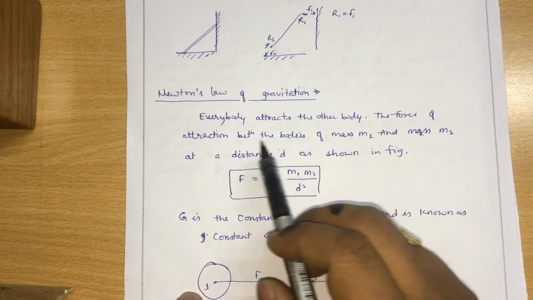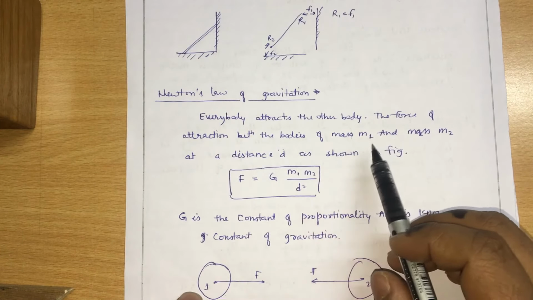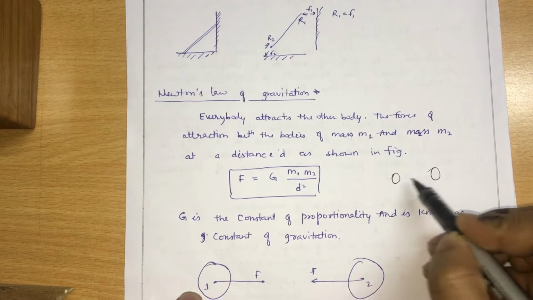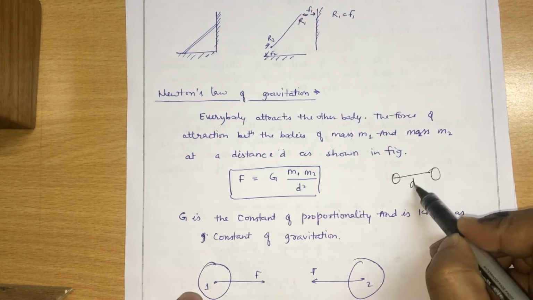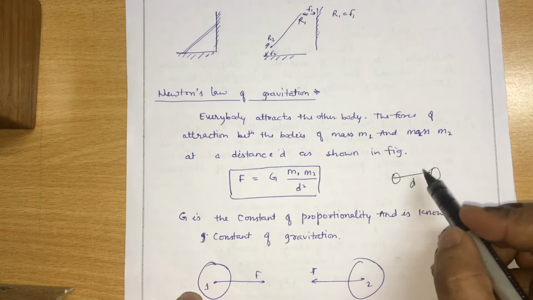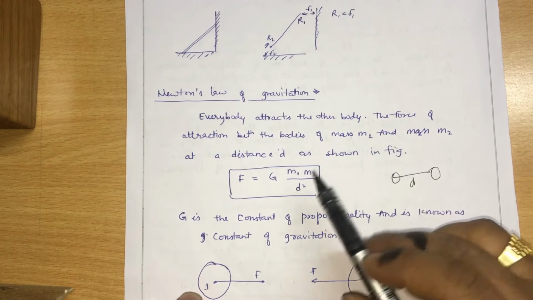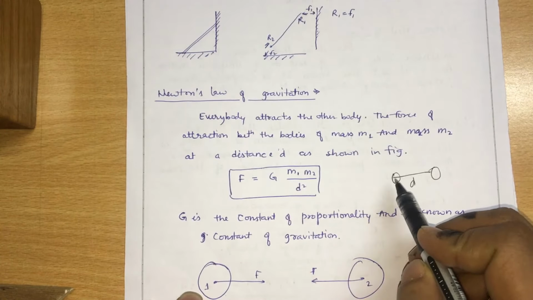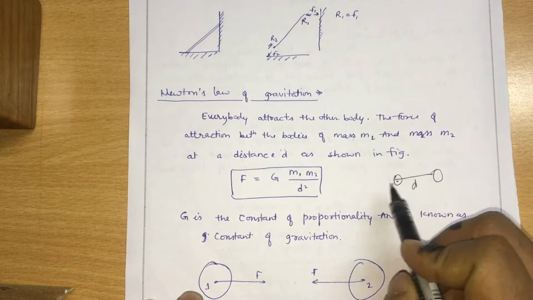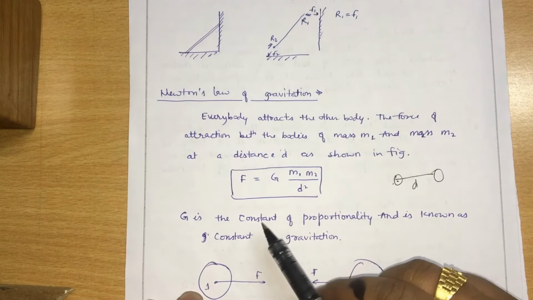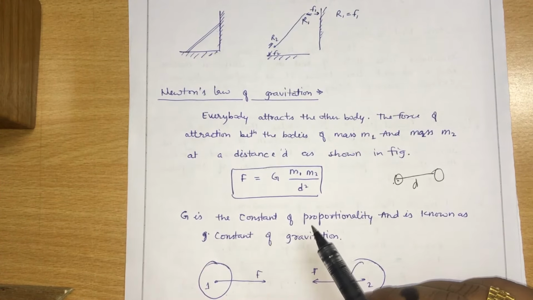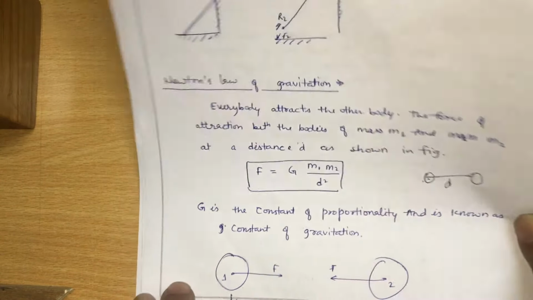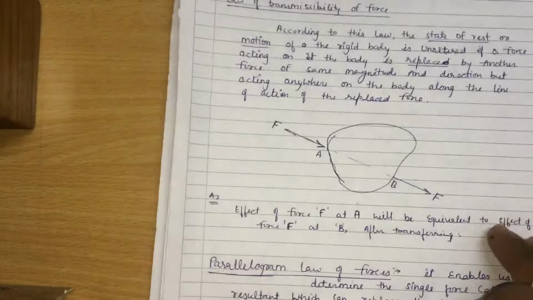The force of attraction between bodies of mass m1 and m2, where the distance between these two bodies is d, and they are pulling each other, as shown in the figure. The pulling force between these two bodies is G m1 m2 / d squared. G is the gravitational constant, the constant of proportionality, known as the constant of gravitation. I think we all already studied that.